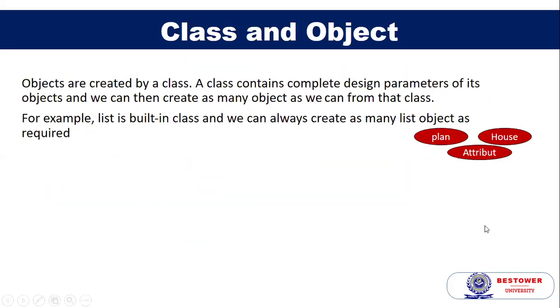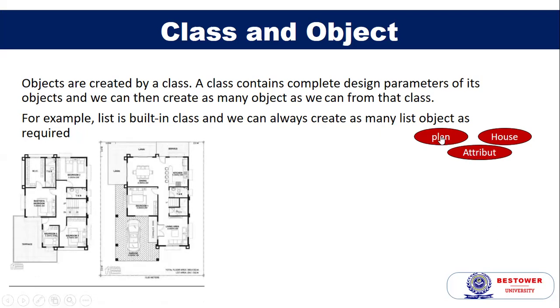For you to create an object, let's take another scenario. When you talk of objects and classes, a class is the template that we use to create objects. Let's take an example now.